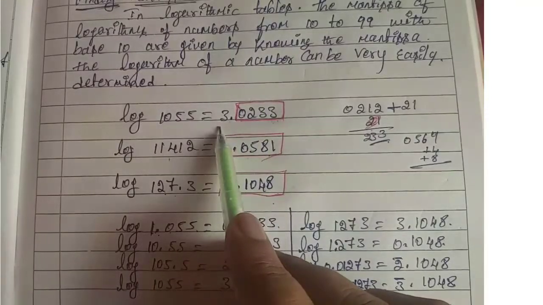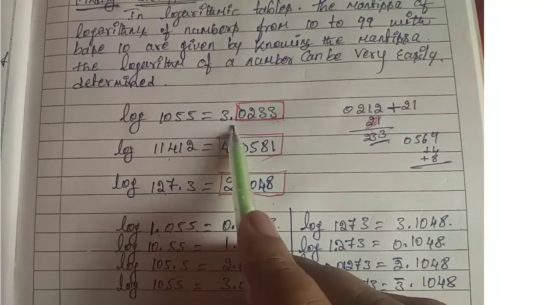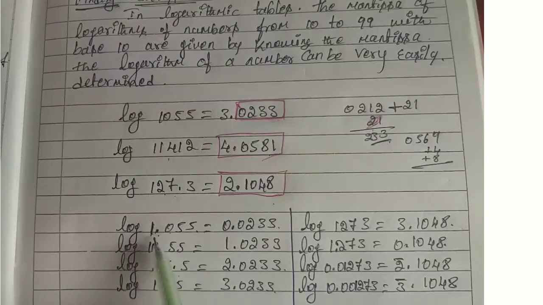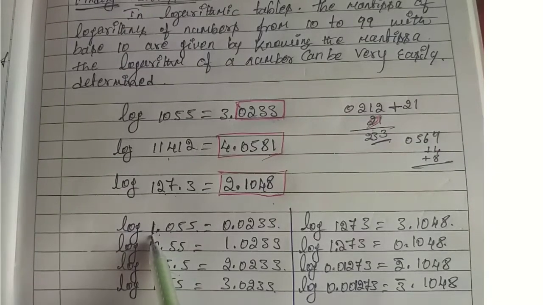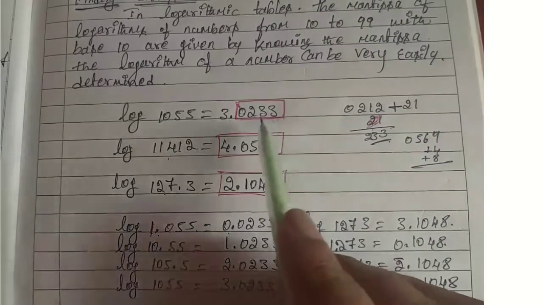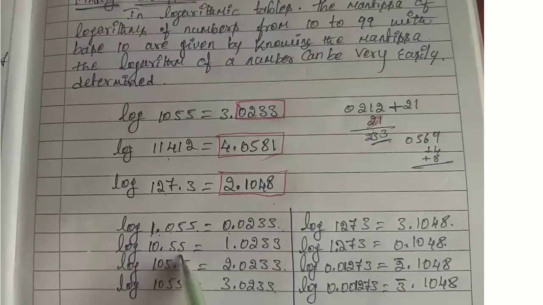Only the characteristic keeps on changing. For 1.055, how many integer digits are there? One. 1 minus 1, 0. So 0.0233. Clear?